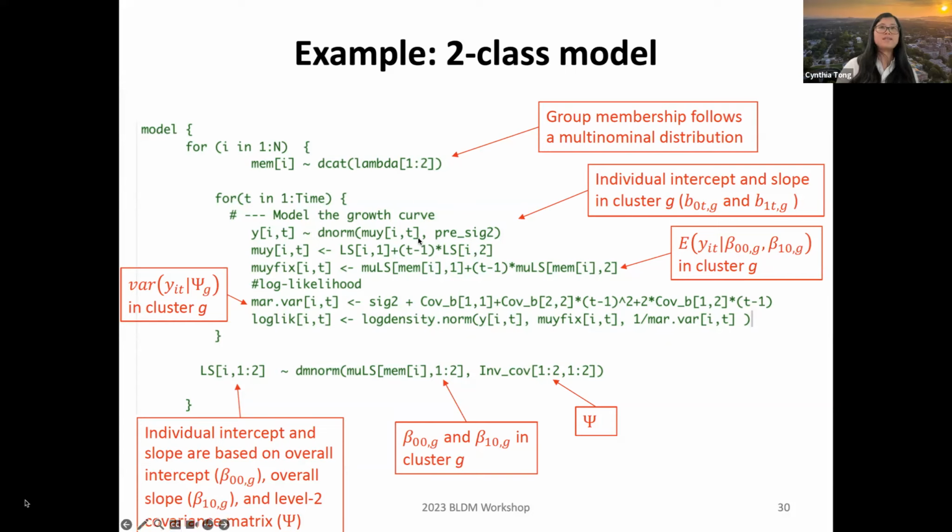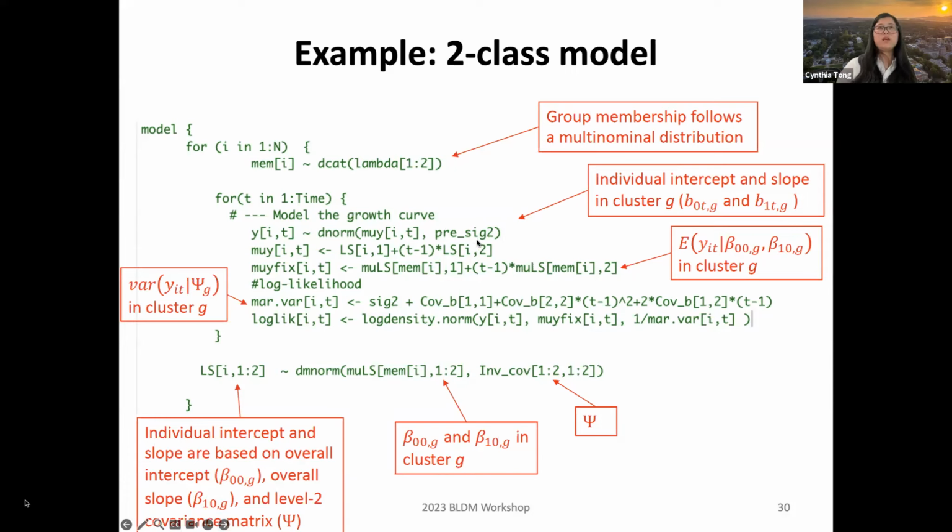So in that case, the group membership will only work for the fixed effects. That's why you see that for this y_it, it still just follows a normal distribution with this mean and this precision parameter, because it's the same for different subjects, so that's just one parameter.